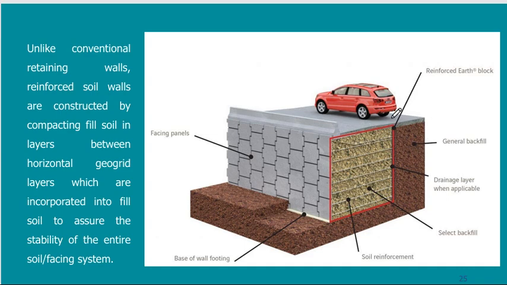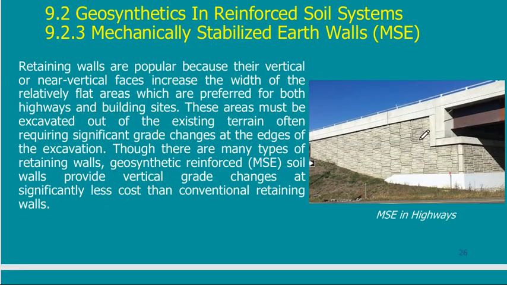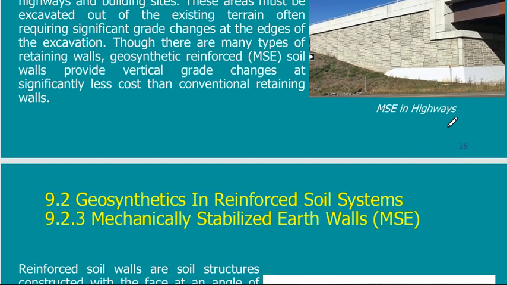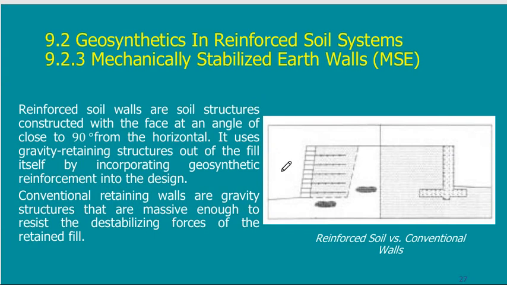I can use the area above for carrying buildings, roads, any loads that I need. Here, of course, as I said, this is the abutment of a bridge. The abutment of a bridge can carry very high loads and traffic, of course.